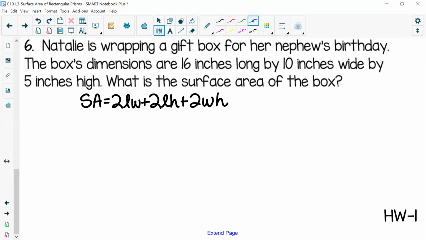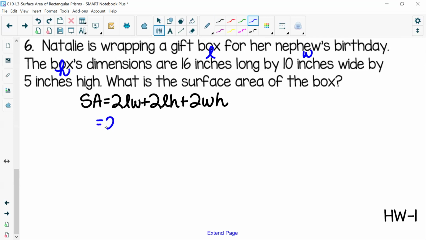So it says Natalie is wrapping a gift box for her nephew's birthday. The box's dimensions are 16 inches in length long by 10 inches wide by 5 inches high. So that's my height. What is the surface area of the box?